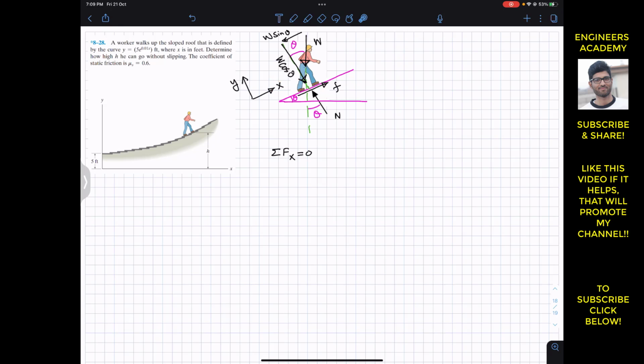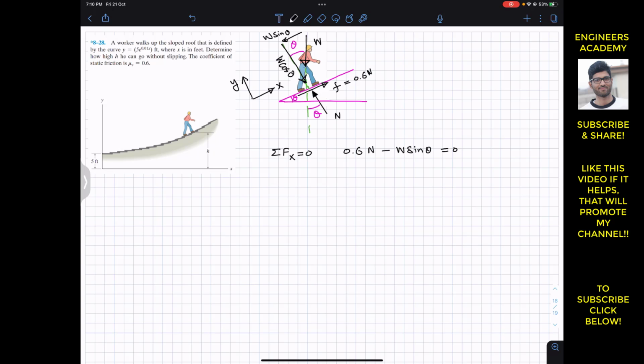If he is not slipping, the roof is going to provide the maximum friction, which is equal to mu s times N. So mu s is 0.6 times N, the normal force. This friction, 0.6 N, is acting in the positive x, so I will write 0.6 N. And the weight component is acting in the negative x direction, so minus W sine theta, and this is equal to 0.